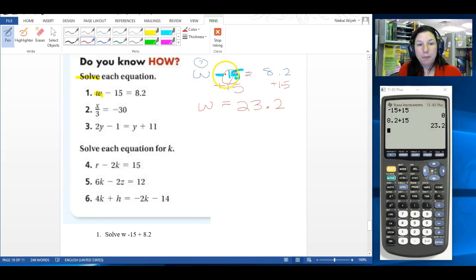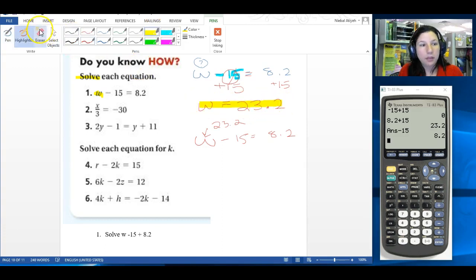I have some number minus 15 equals 8.2, so I get that number is 23.2. You can check your work. Now I know that W is 23.2, so minus 15, you should get 8.2 again. So I have solved for W. Now I know what W is equal to. Okay, let's try another one.